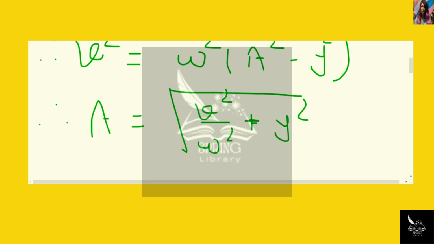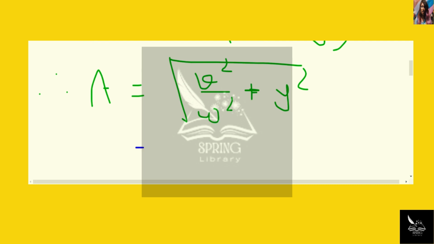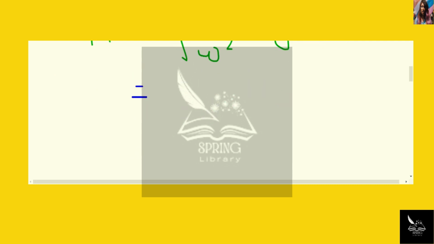Okay, now we are going to substitute this equation into the omega form. That means we have the angular frequency omega equal to 2 pi upon T. This equation we are going to use.